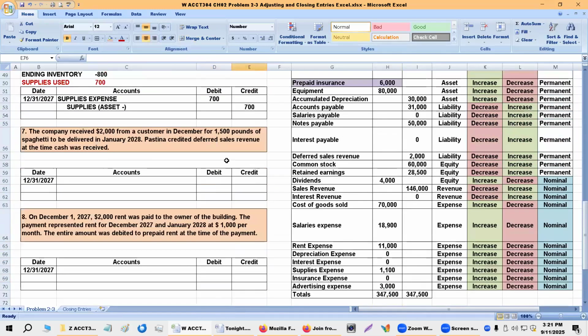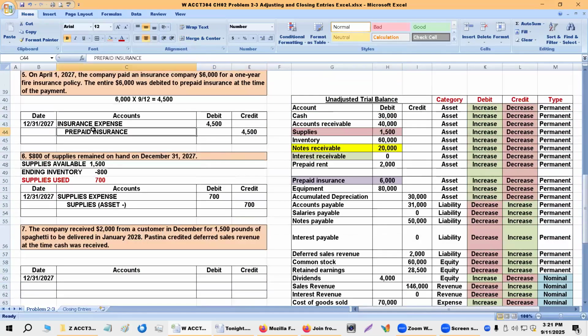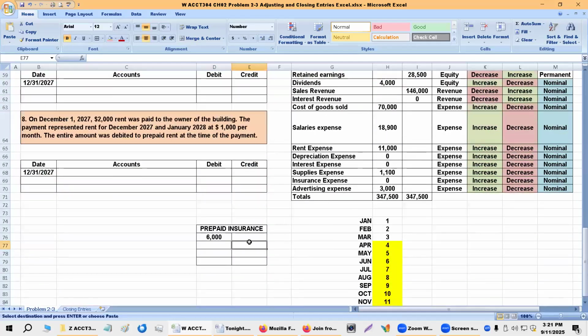Now, when we make this journal entry here, this 4,500 will come down here. It'll be posted into this account.